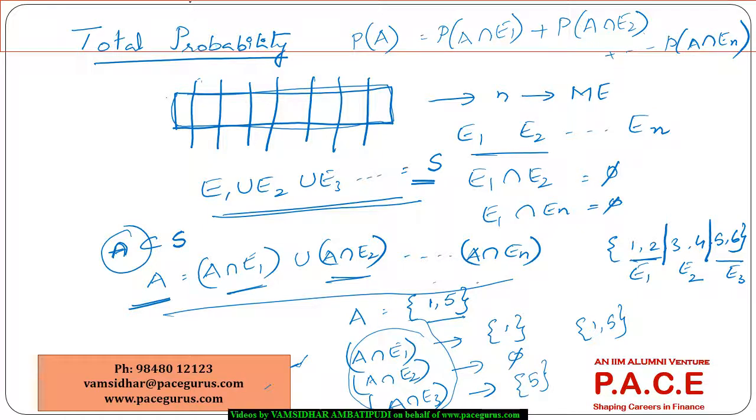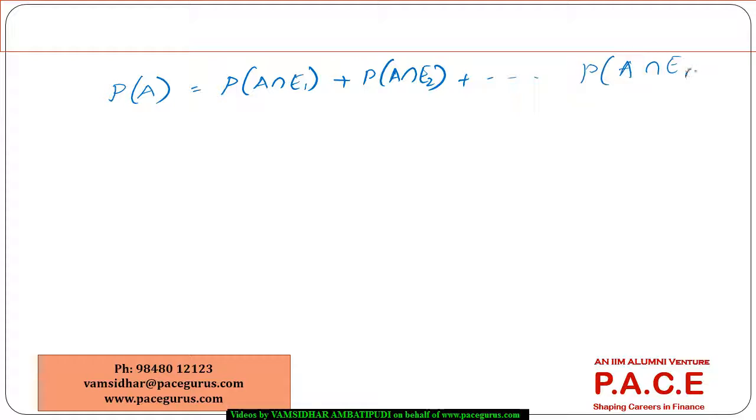This is a very interesting relationship. This is what we call the law of total probability.